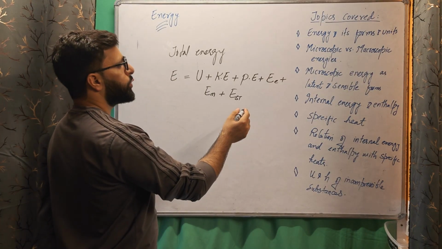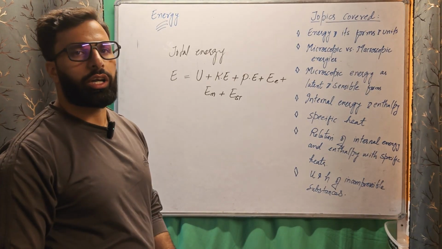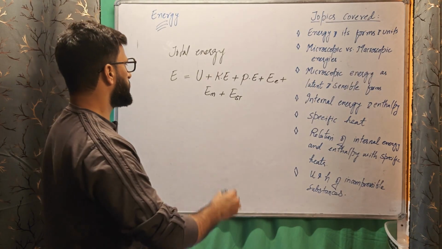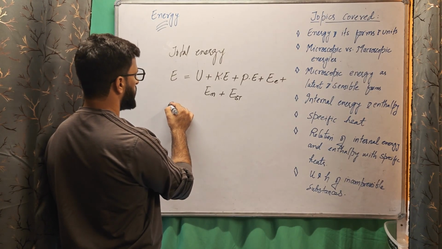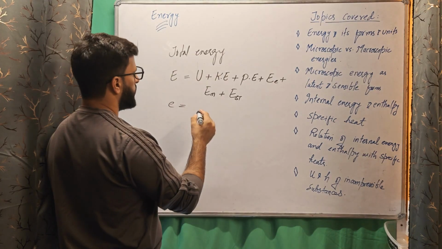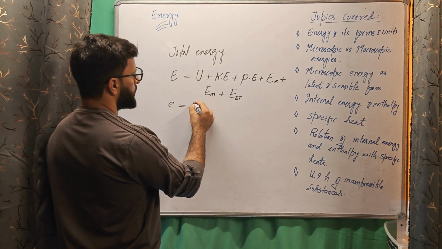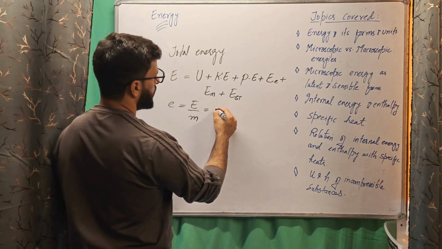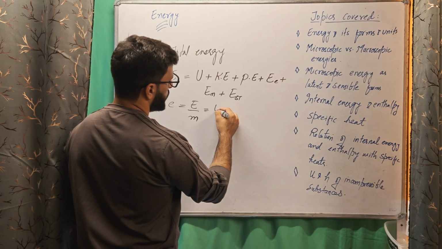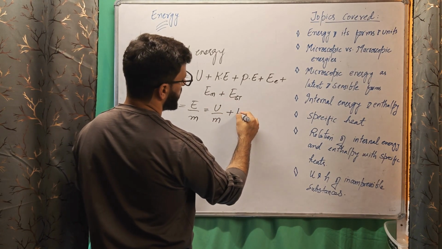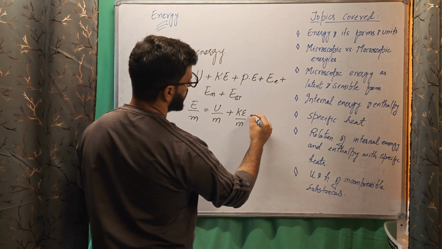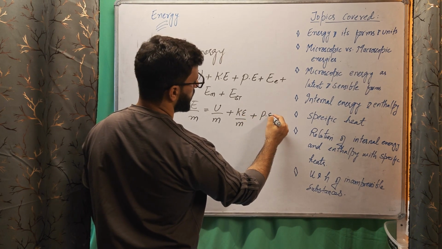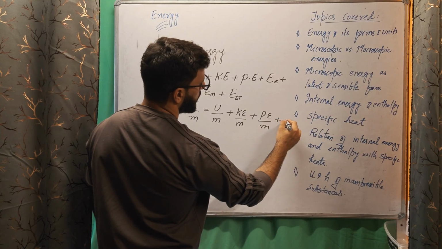And we usually talk about a unit mass basis, which is specific energy, which I talked about in the previous videos, that specific energy is total energy per unit mass. So it will be U by m, KE by m, dividing mass for all, potential energy divided by m, and so on.